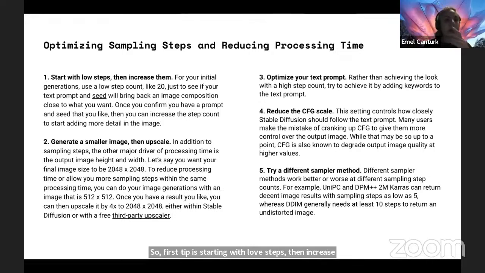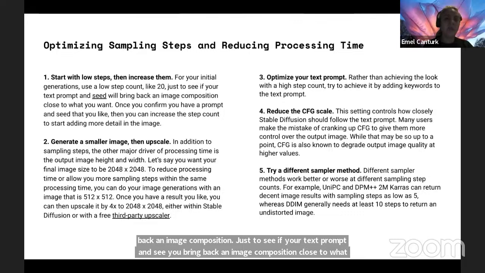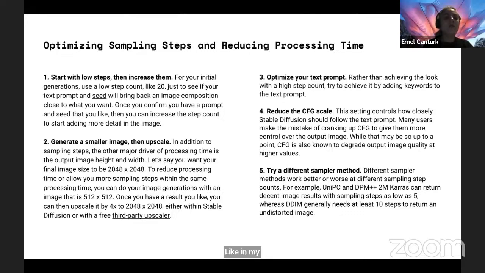You can use a low step count like 20, which is the default setting of Stable Diffusion, just to see if your text prompt and seed bring back an image composition close to what you want. Like in Midjourney, again, because we need to edit our prompts. Once you find a prompt and seed that you like, then you can increase the step count to start adding more detail to the image.